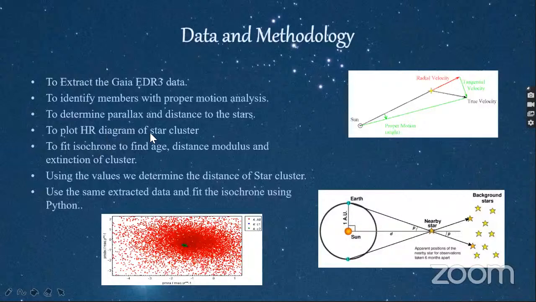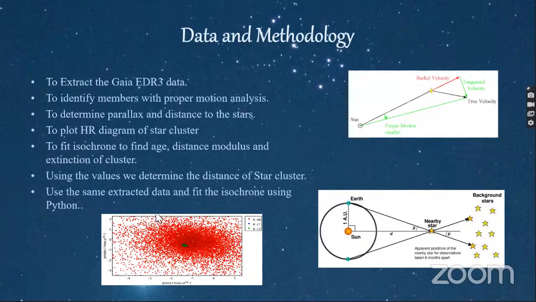Then I plotted the HR diagram, making different subsets to eliminate the field stars. Then I fitted the isochrones, fitting my star cluster to different age isochrones to find the age, because this is the way we find the age of the star cluster.